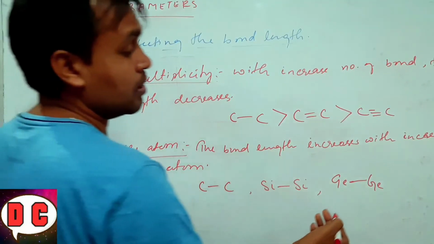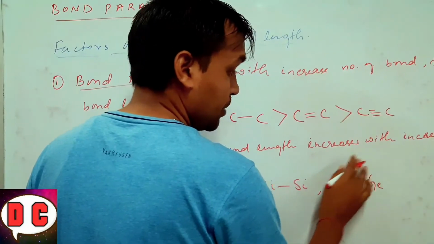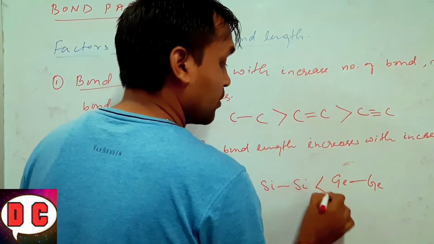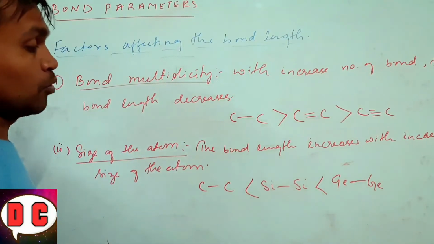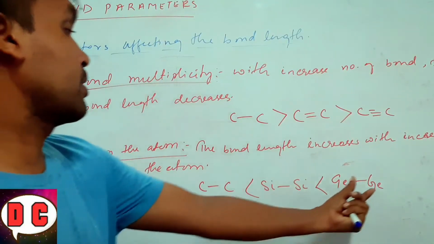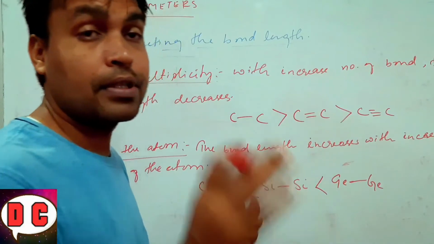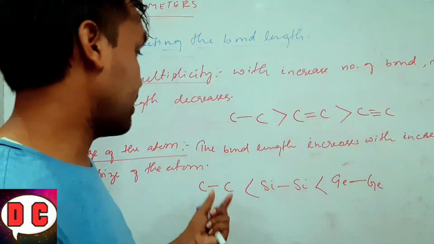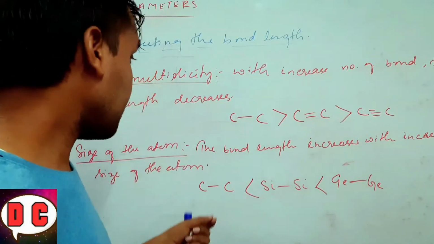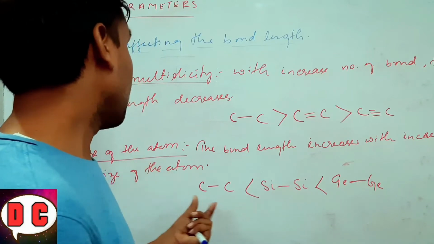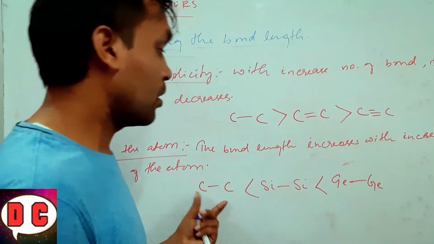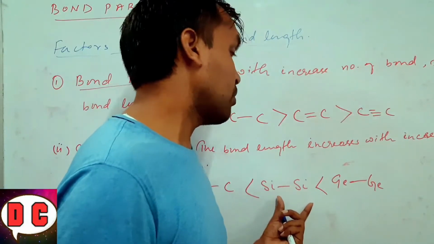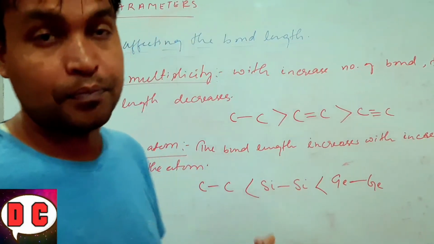So which atom is bigger in size? Germanium. So this one's bond length will be bigger than silicon, and this one will be minimum. Why? Because among these three, carbon has the smallest size, so the radius is also small, and the bond length will also be small. Here the size is big, so the bond length will also be bigger.